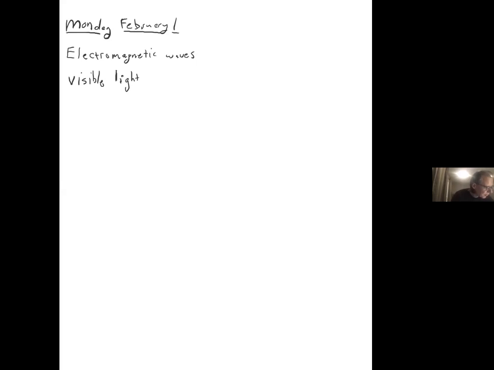But you're also probably aware of, it's hard for me to pronounce it, infrared radiation. It is sometimes referred to as IR. If you've ever seen night vision goggles, the image that you get from that is based on infrared radiation.